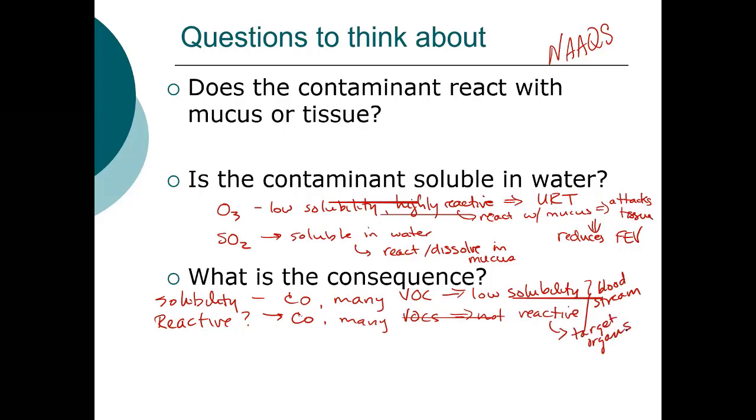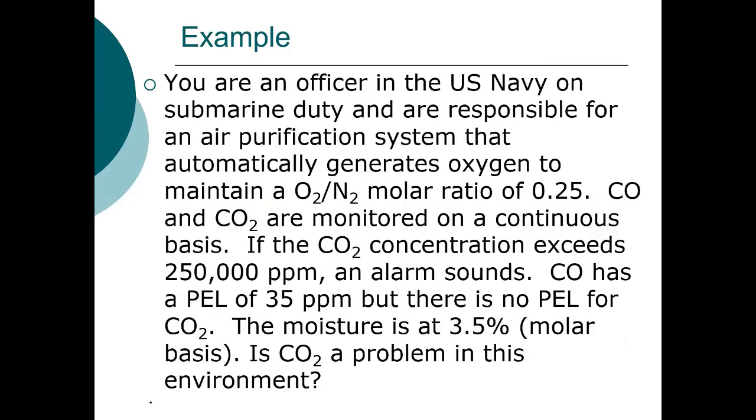For instance, with benzene, the target organ is the liver. It gets into the bloodstream, the liver tries to detoxify the blood, it accumulates in the liver and can result in liver cancer. So the chemical properties of these chemicals have a significant impact on how they affect human health. Okay, let's look at an example.